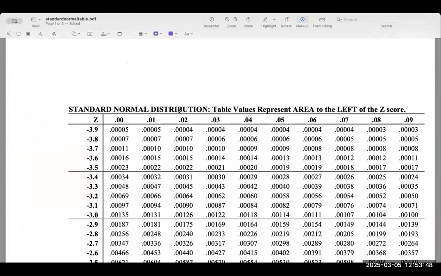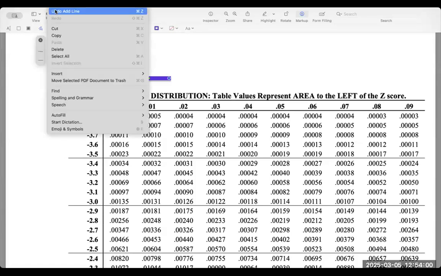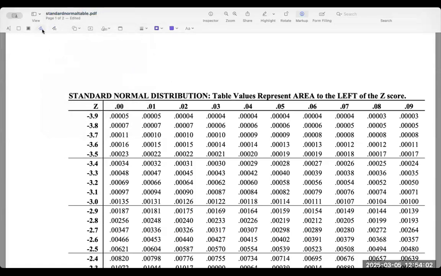Let's read this first sentence. It says the standard normal distribution table values represent area to the left of the Z-score. Let me draw you a little picture here. So here is an example of the normal distribution, and let's say we have a Z-score right here.